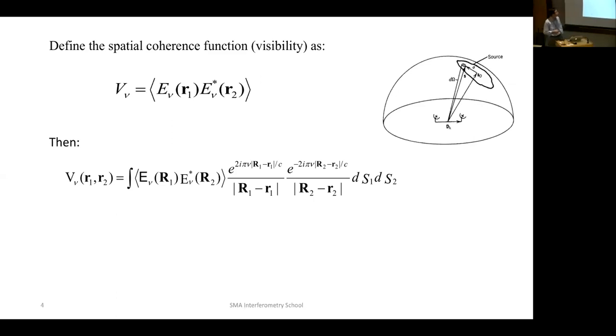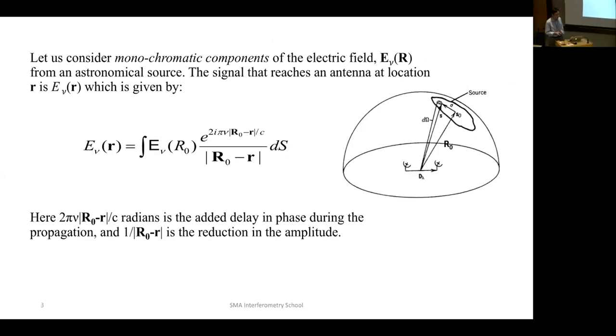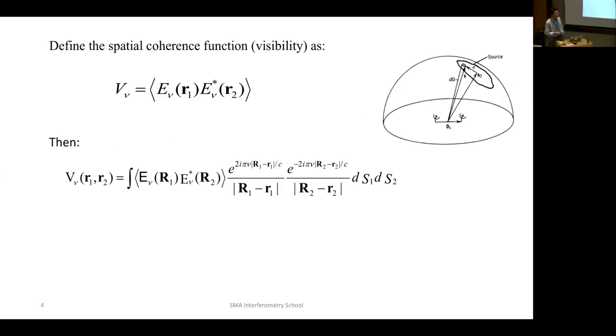If you plug in the terms that we have here, what you have is the integral over those two elements on the surface of the sphere, ds1 and ds2, each respectively from antenna 1 and antenna 2. They are all delayed by the corresponding distance, and also modified by this factor of 1 over r minus small r.